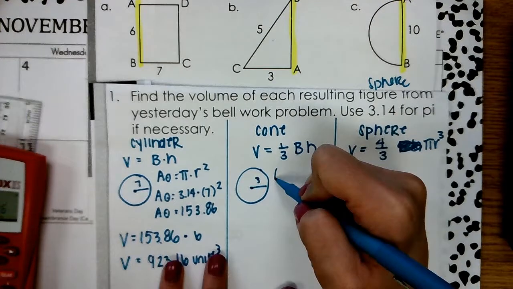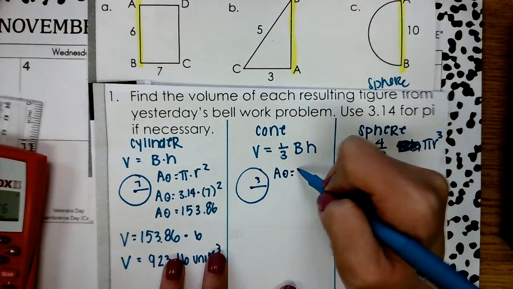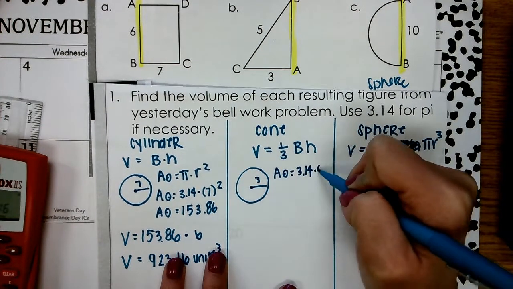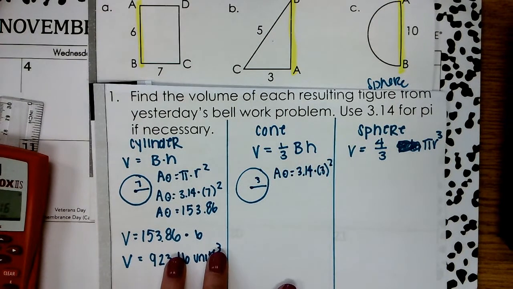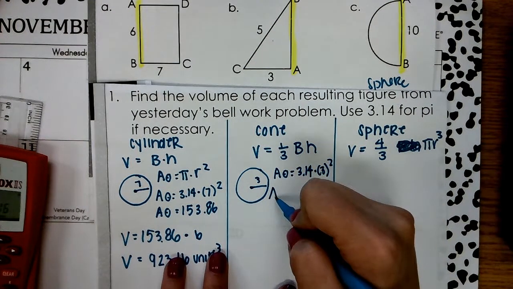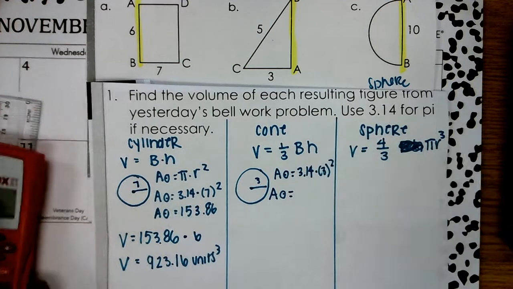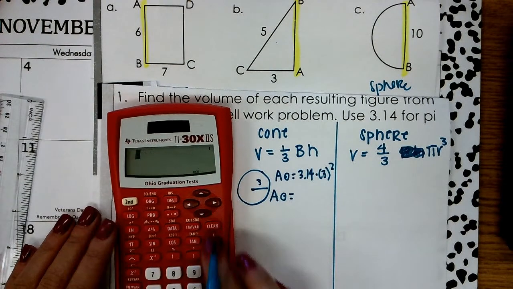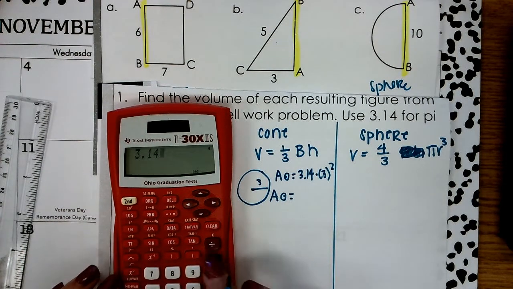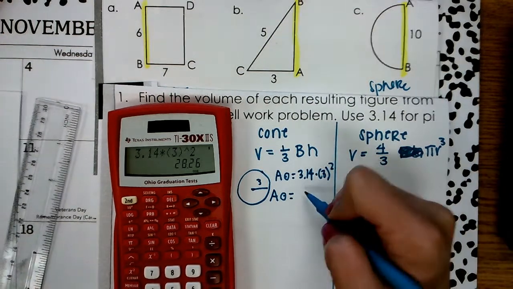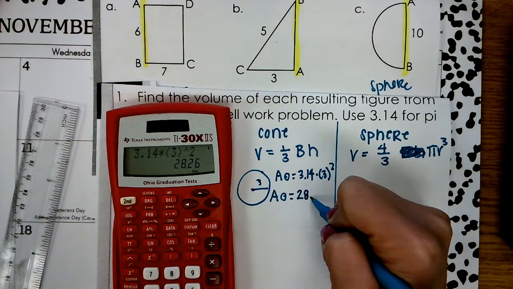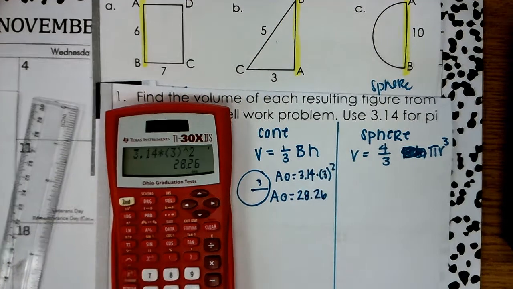So the area of this circle is equal to 3.14 times 3 squared, because again we're using that pi times the radius squared formula. Typing into our calculators, 3.14 times 3 squared, we get the area of the circle is 28.26 square units.